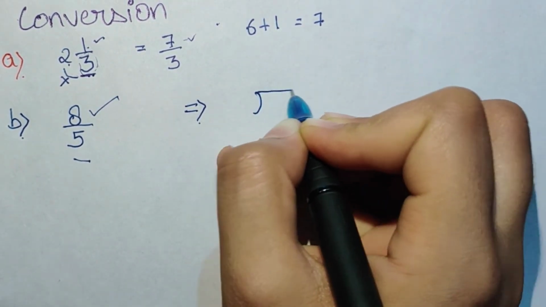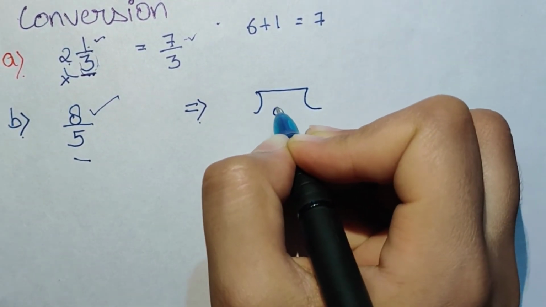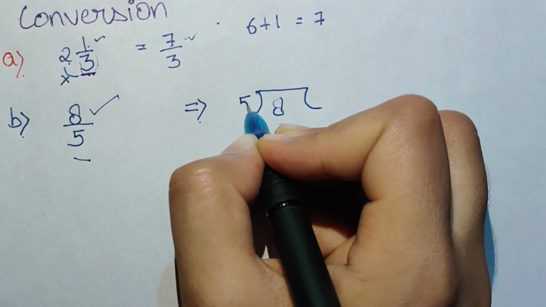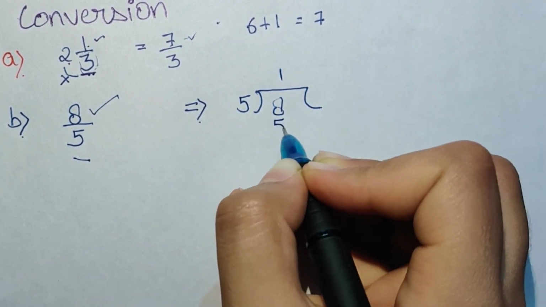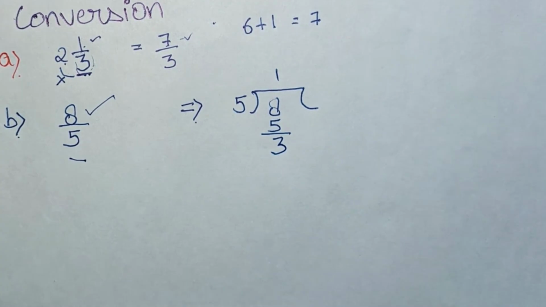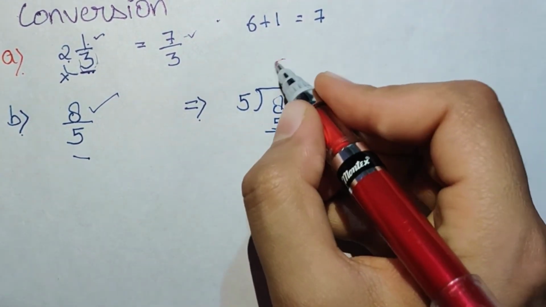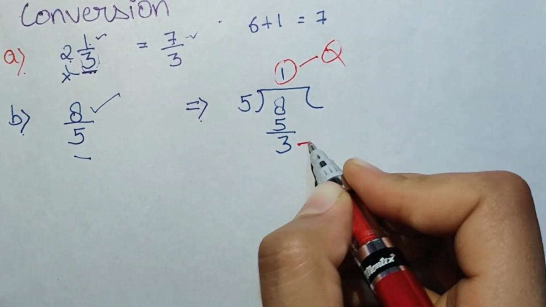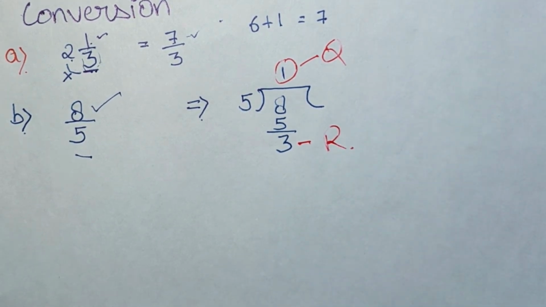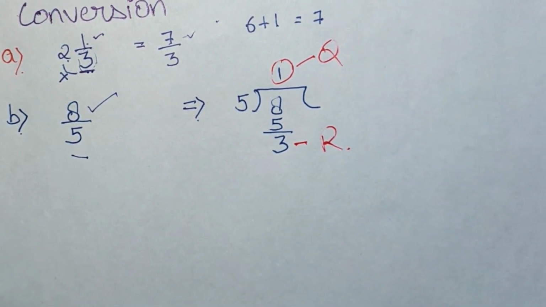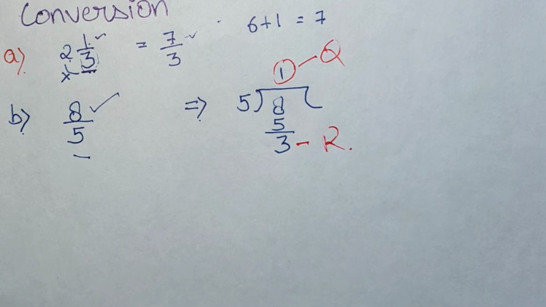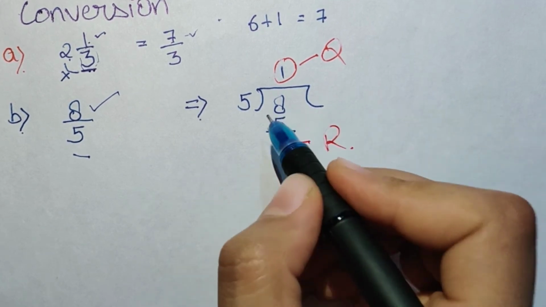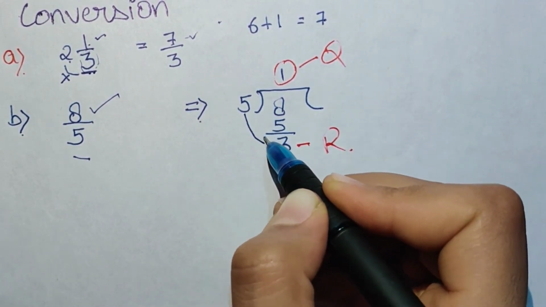We'll perform division, simple division which we always perform. 5 1s are 5, 3. Now in this, 1 is quotient and 3 is remainder. Now how to write this into mixed fraction? There is a very simple method. We will rotate it like this.